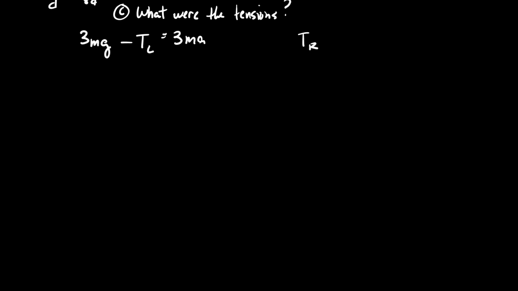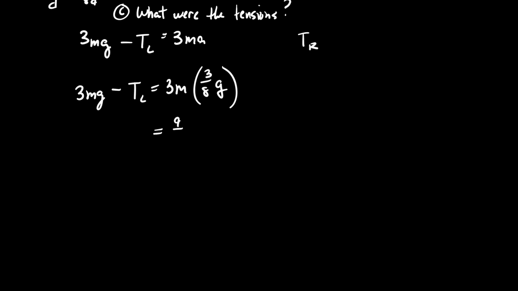3/8 g. So I'd put 3mg minus the tension equals 3m times 3/8 g. Do you see what we're doing here? And it's just algebra, but it's messy. It's a lot. So I want to get TL by itself. I'm going to go ahead and first, and I'll combine all of this into something better. 3 times 3 is 9.